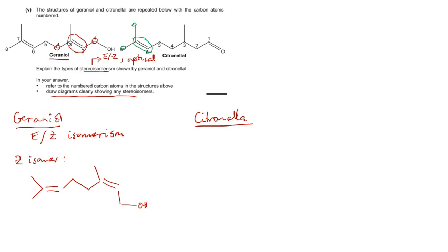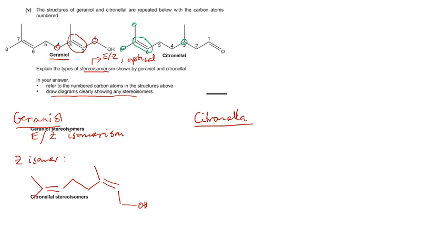this being a trans isomer, but I really think and I know because I've looked at the mark scheme, that what they want you to talk about is this chiral carbon. Carbon number 3 is chiral, because we've got a methyl group and we've got two other different groups, carbons 2 and 4 coming off that carbon 3, and also a hydrogen coming off that carbon 3. So we've got 4 different groups coming off that carbon 3.